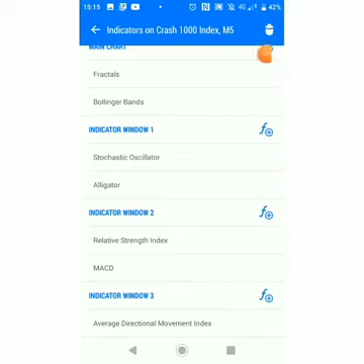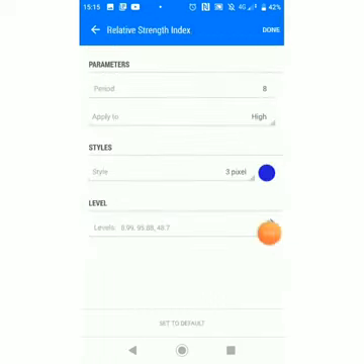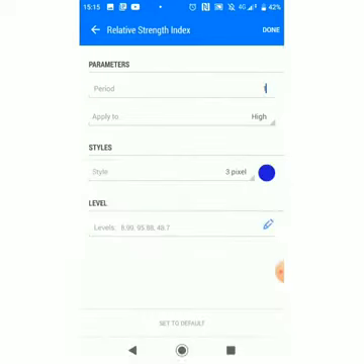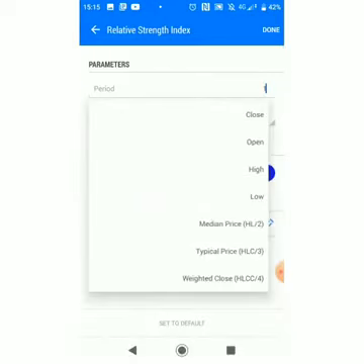You open another window and get your relative strength index. Under the period you make it 8, apply to high. Or let us make this period 1 instead of 8, and apply to close.